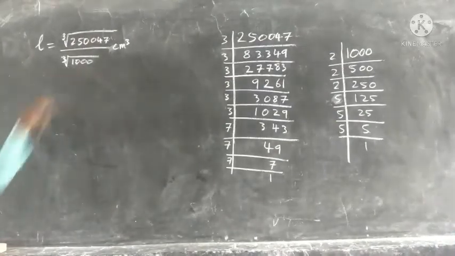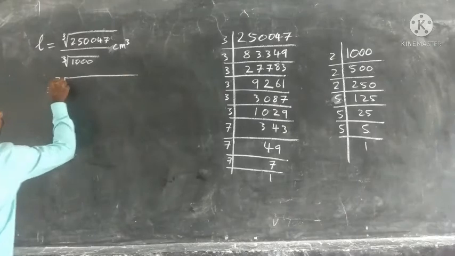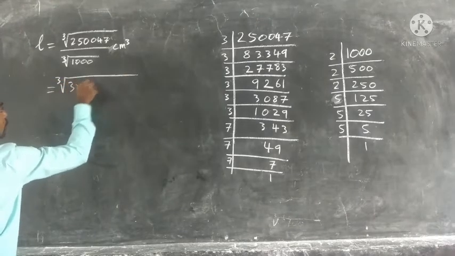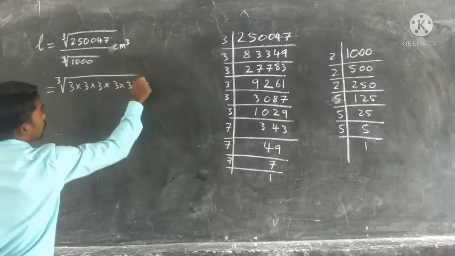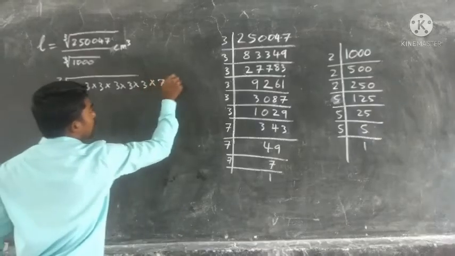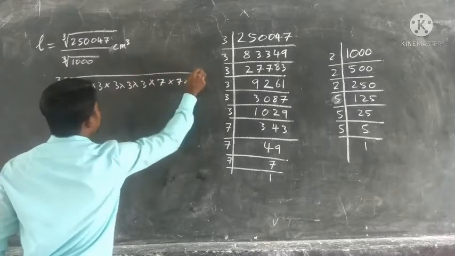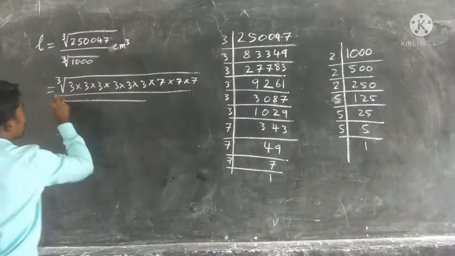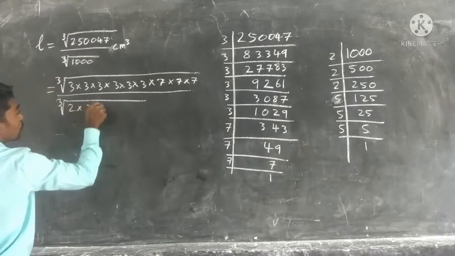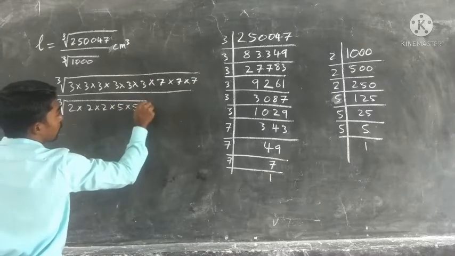Now we can write its factors. Cube root of 3 into 3 into 3 into 3 into 3 into 3 is 7 into 7 into 7, divided by cube root of 2 into 2 into 2 into 5 into 5 into 5.